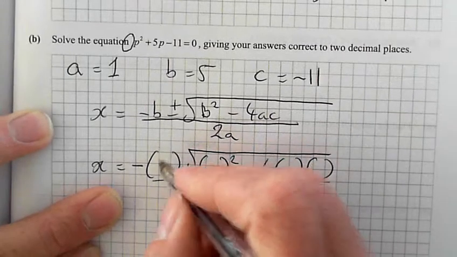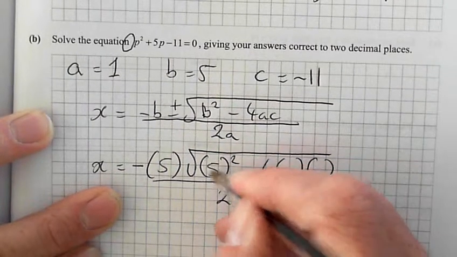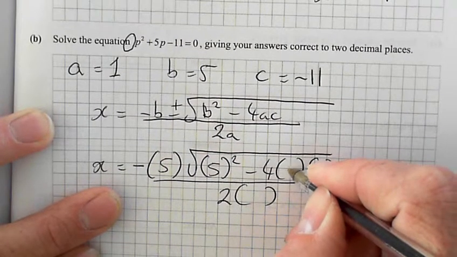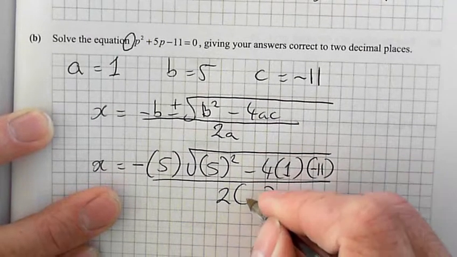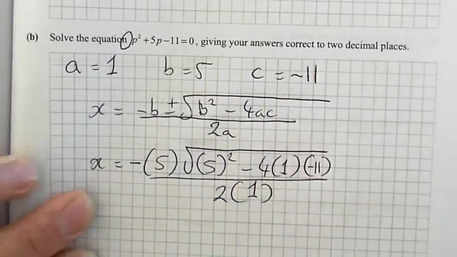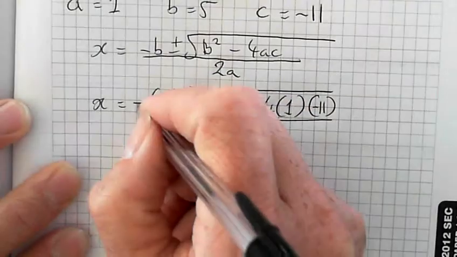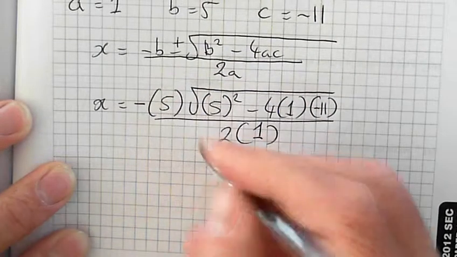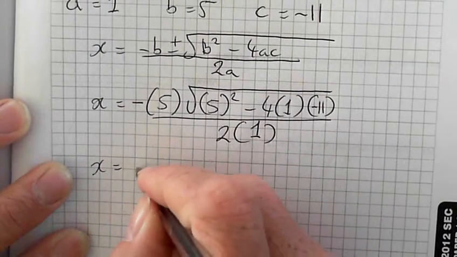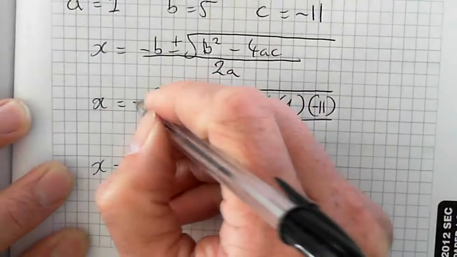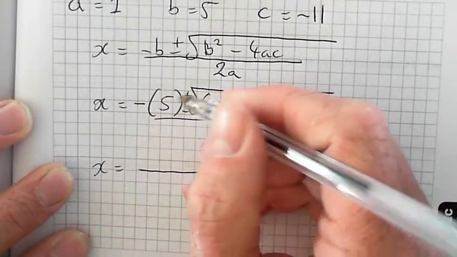So fill in: b goes in here, 5, b goes in there, a goes in here, c goes in here, and a goes in here. Right, minus times the plus 5. Call it out there, Mark.